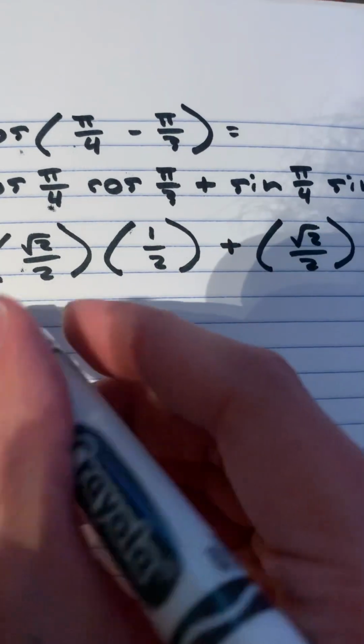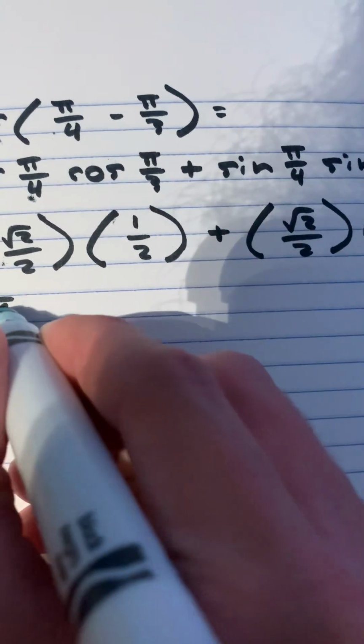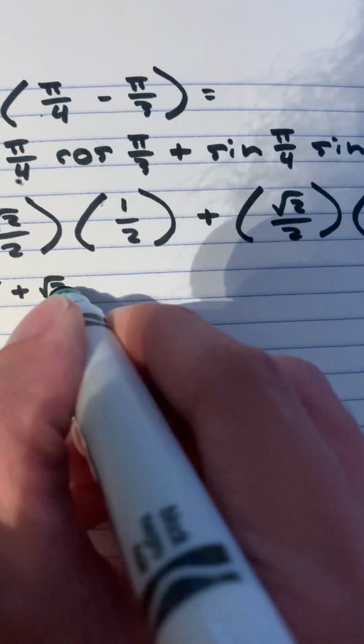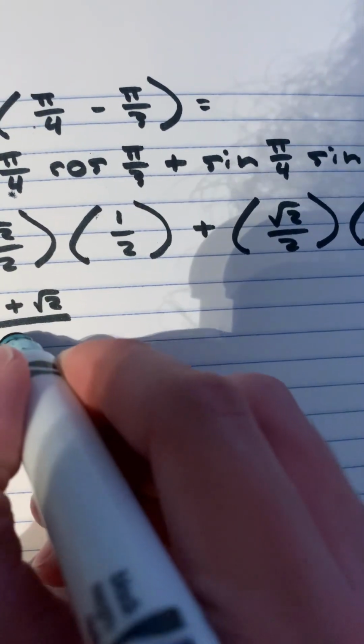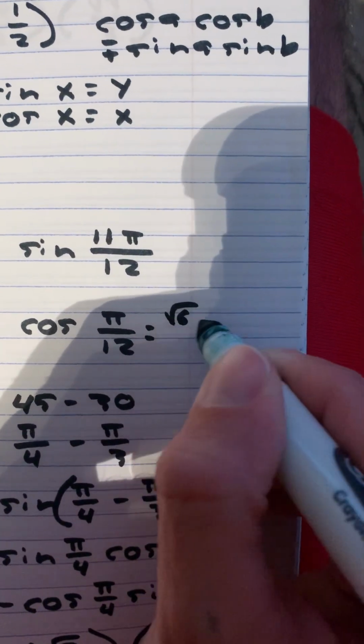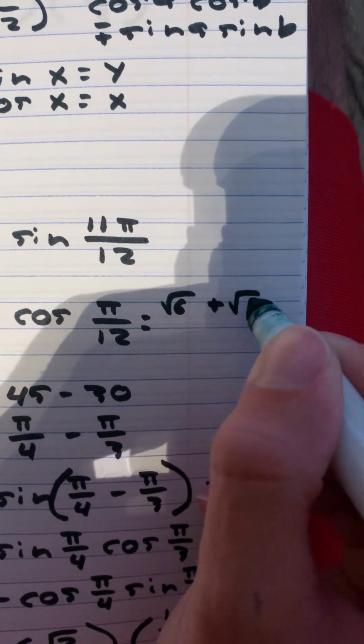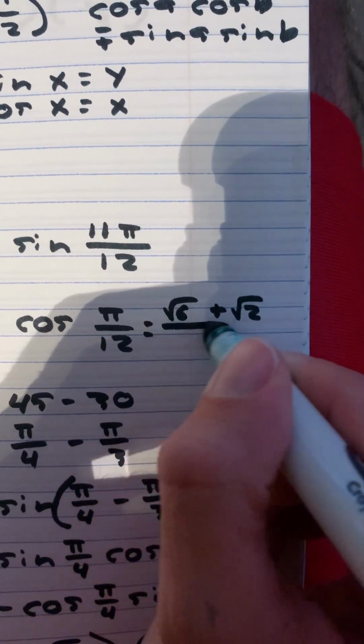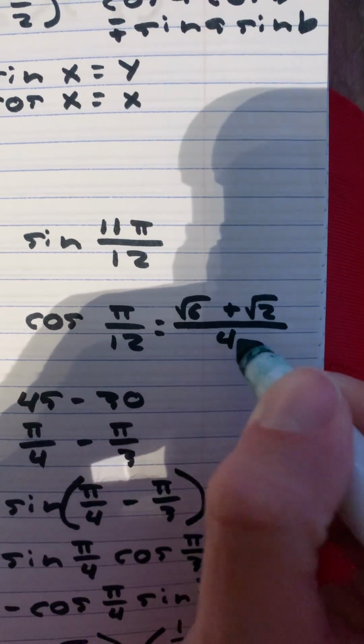And that, ladies and gentlemen, is going to give me the square root of 6 plus square root of 2 all over 4. It's that simple. This is why trig identities are so fun. So our answer for the cosine of pi over 12 is going to give us square root of 6 plus square root of 2 all over 4, right?